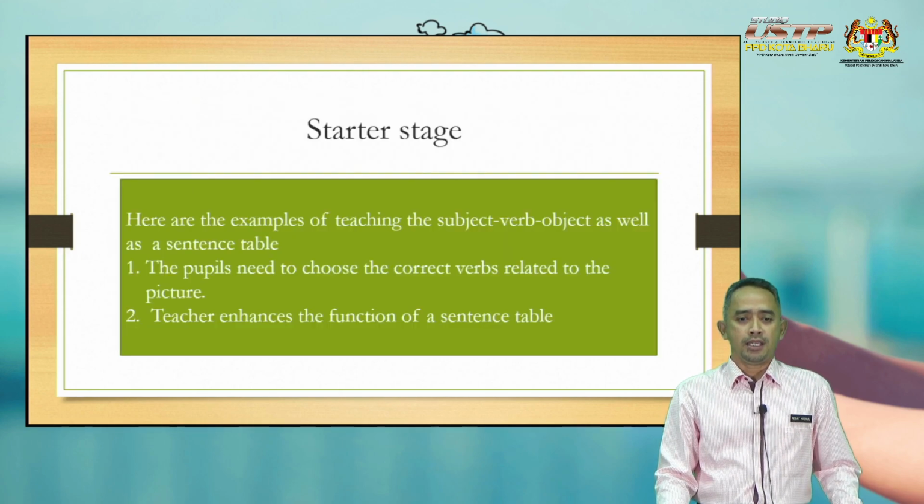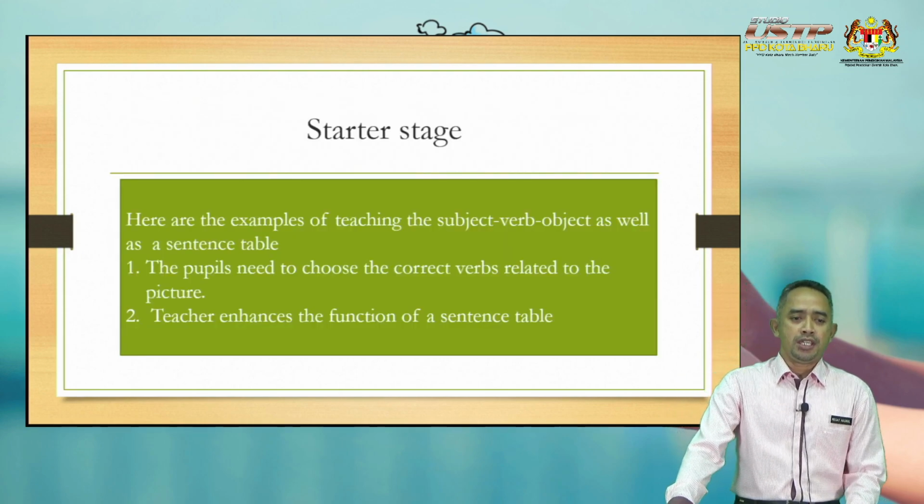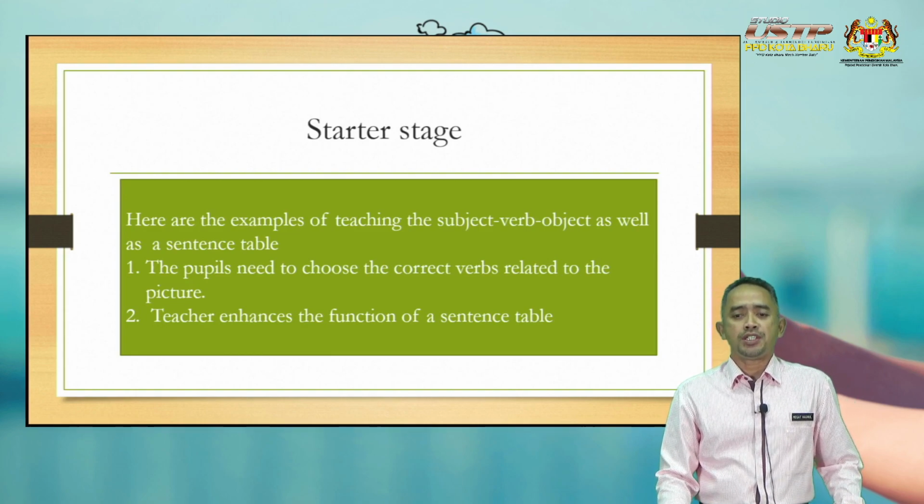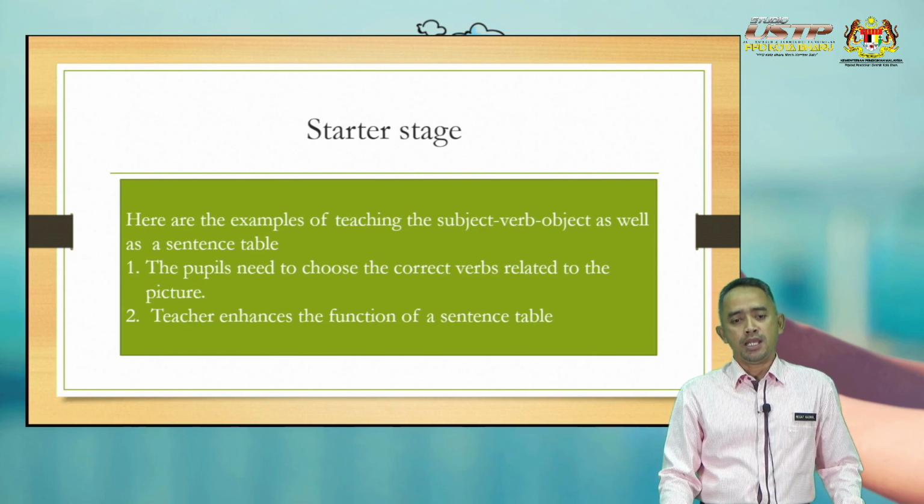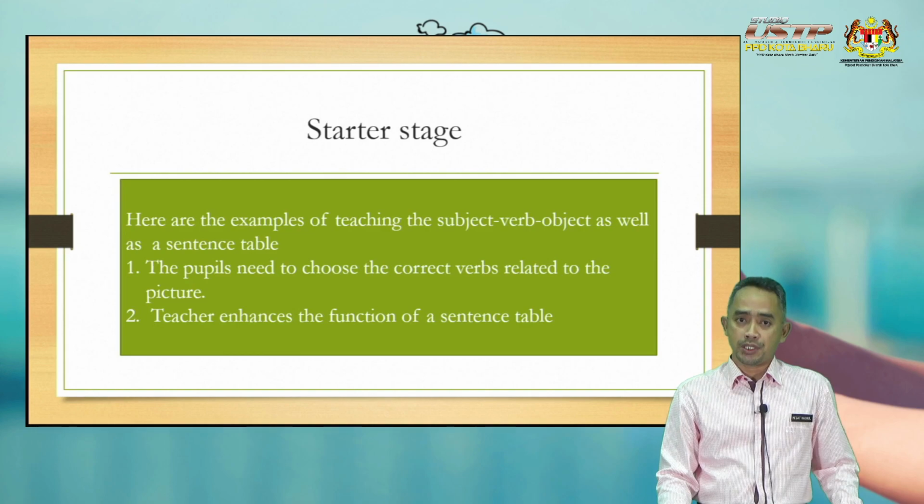Next, starter stage. Here are examples of teaching the subject, verb, object as well as a sentence table. Number 1: the pupil needs to choose the correct verbs related to the picture. Next, the teacher explains the function of a sentence table.